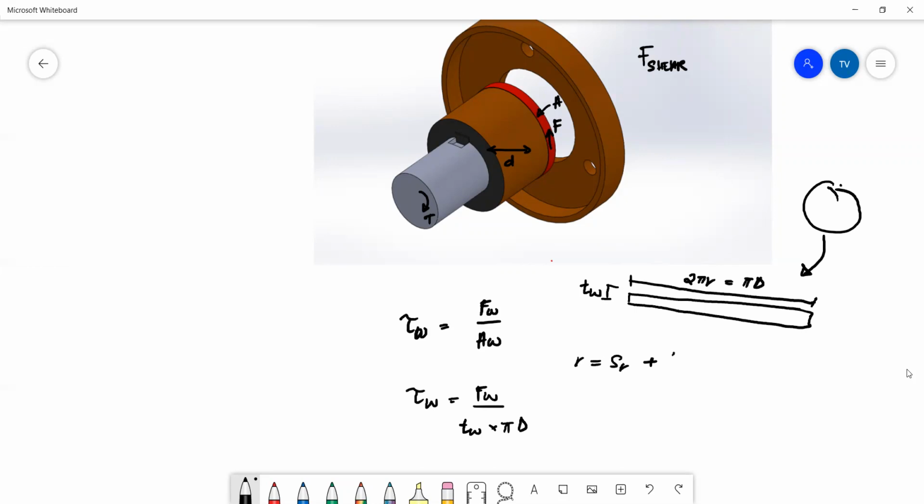So that is our key thickness divided by 2 plus our hub thickness that we found in our hub analysis. That will give us our radius, and then our radius multiplied by 2 will give our diameter. And this diameter we'll use in this formula. Okay, we still don't know our force on our web. So how do we find our force?